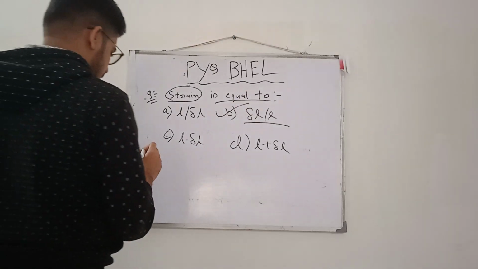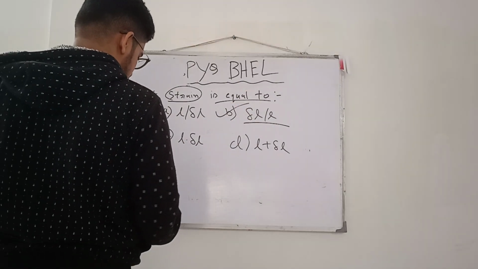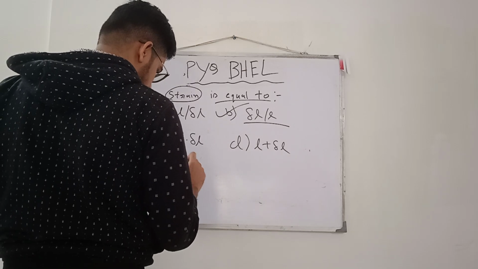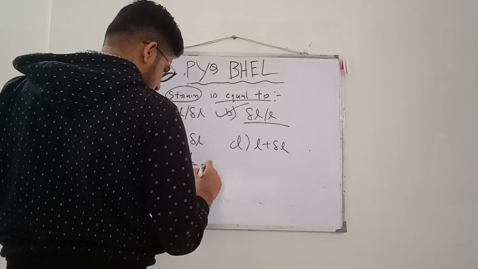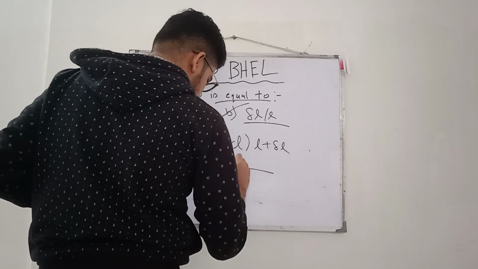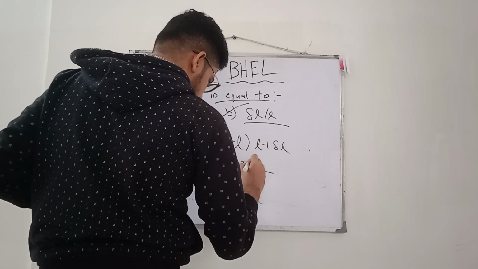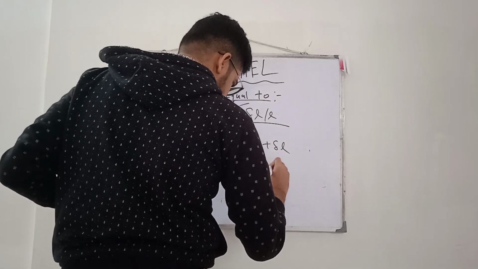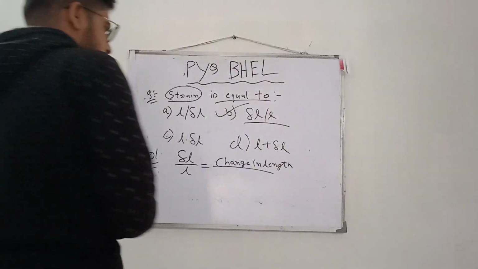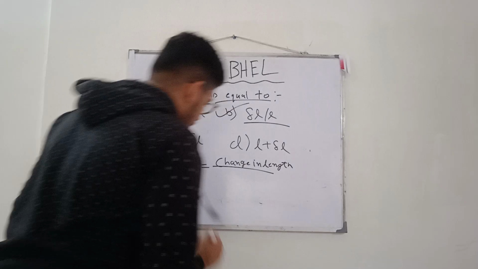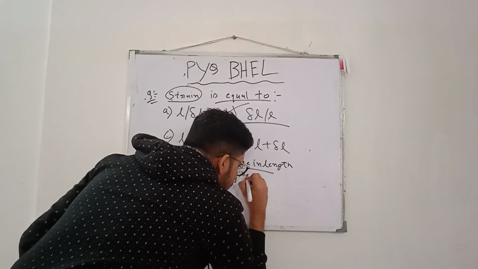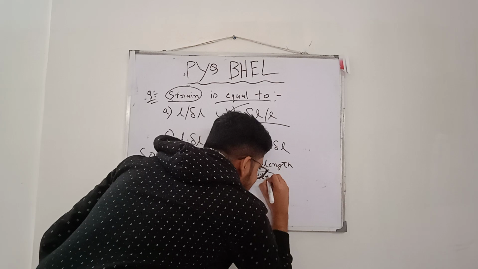What does delta L by L mean? It means change in length by original length.